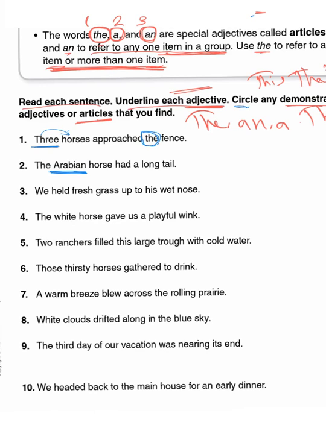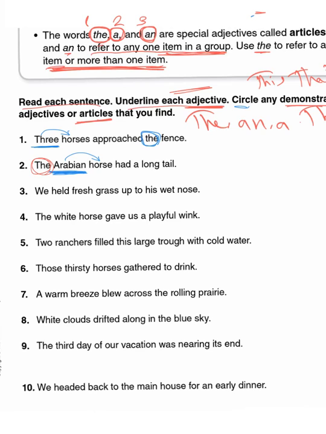The noun of it is Arab. So here I change it into Arabian to describe the horse. So what do I call this kind of adjective? Who can tell me? Actually, it's a proper adjective. And here I have the article the. It's an article, and they asked me to circle it. So I should circle the.